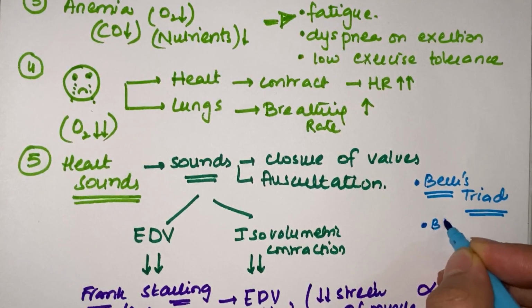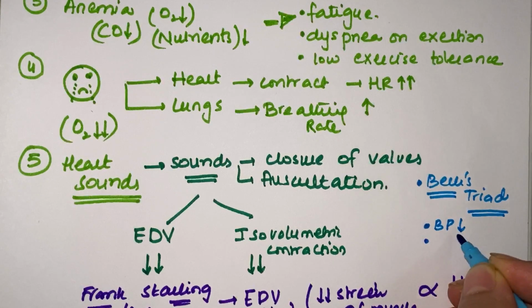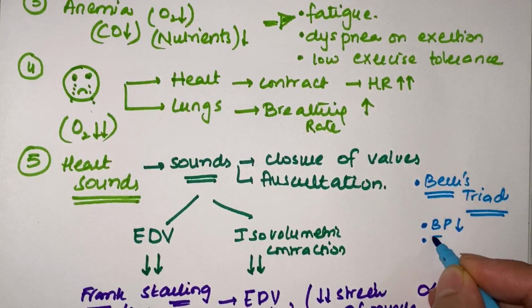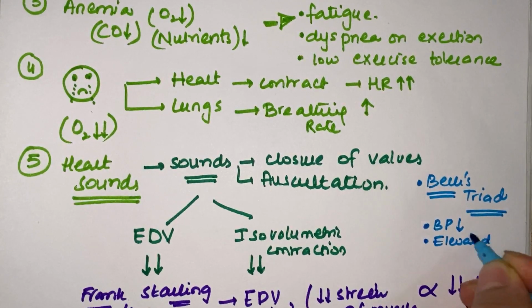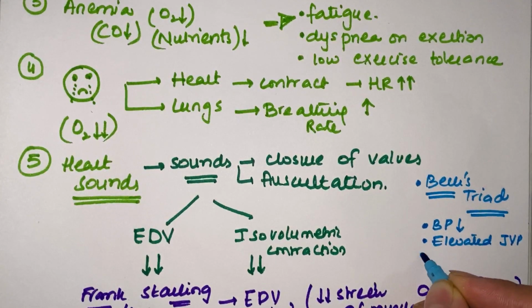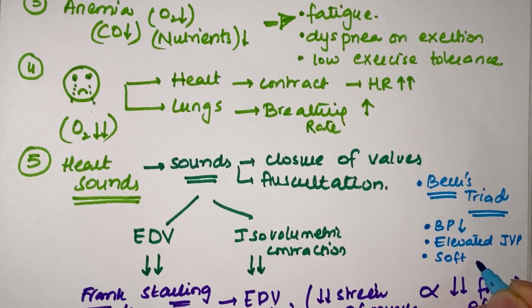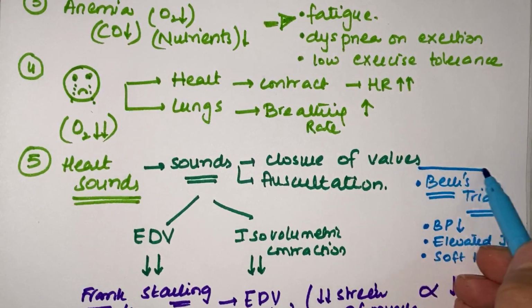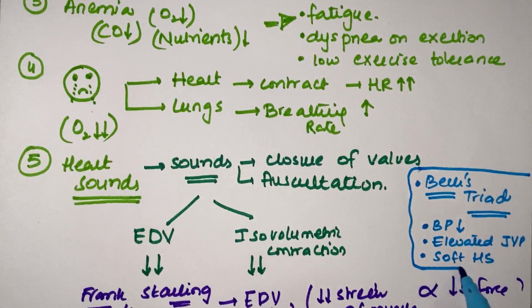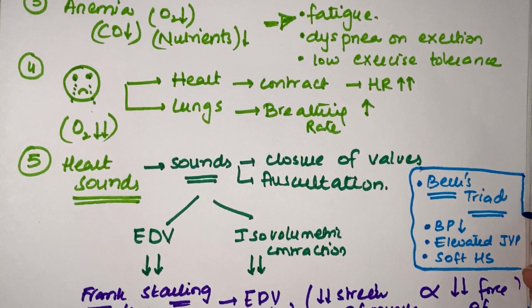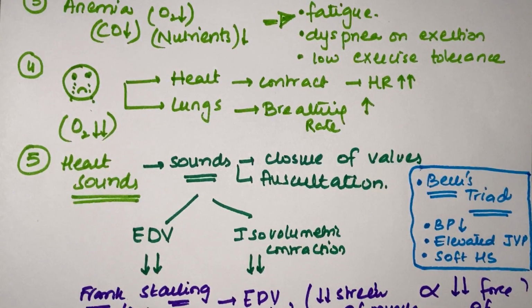In it there is low BP, meaning hypotension, elevated JVP, and the third feature is soft heart sounds, or you can say muffled heart sounds. So these three collectively form Beck's triad, and Beck's triad is a characteristic feature of cardiac tamponade.